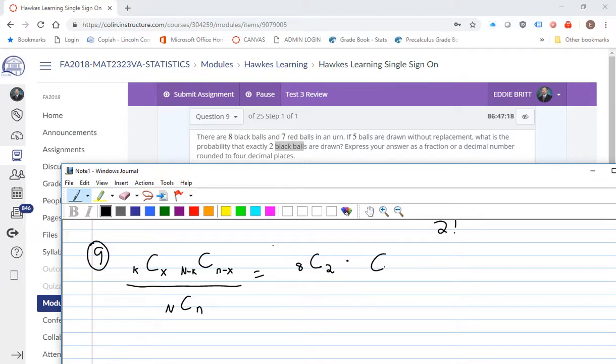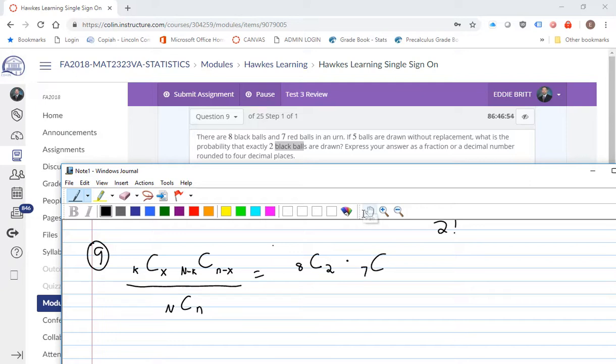times, and then the capital N, that's the number of balls total. So 8 plus 7 is 15. So we have to say 15 minus K, 15 minus 8 is 7.